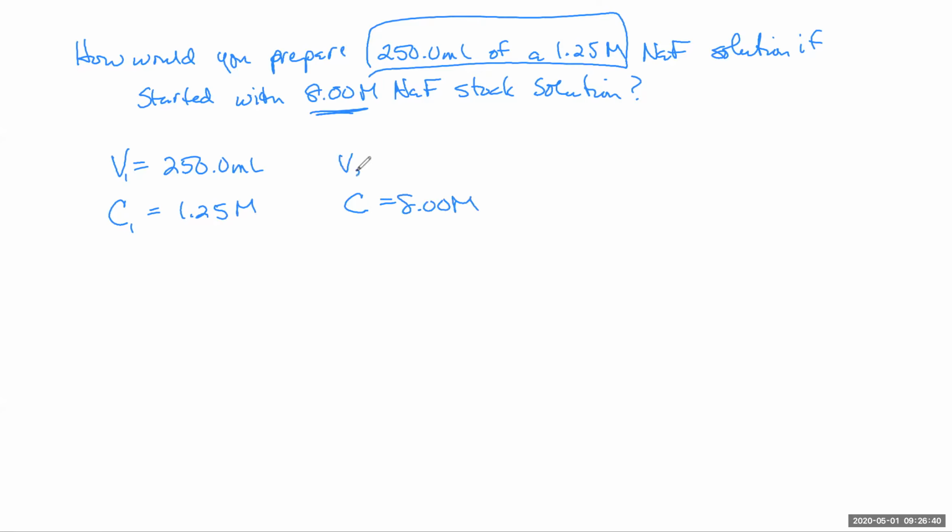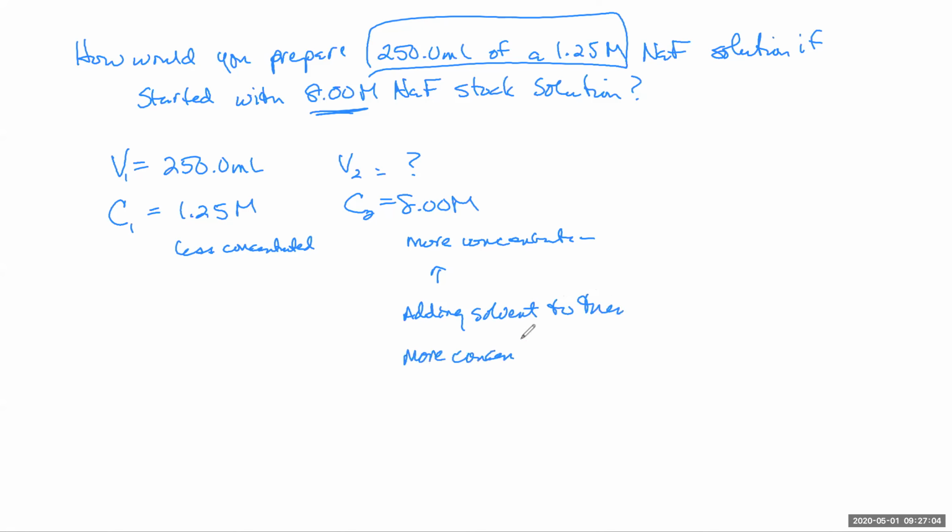And what we need to figure out is what volume would we need of that? Notice this is more concentrated and this is less concentrated. So in the end, what we're going to end up doing is adding solvent to the more concentrated solution. We're going to dilute it.